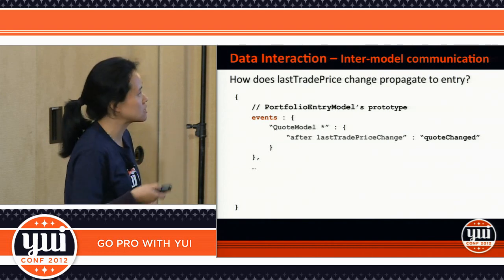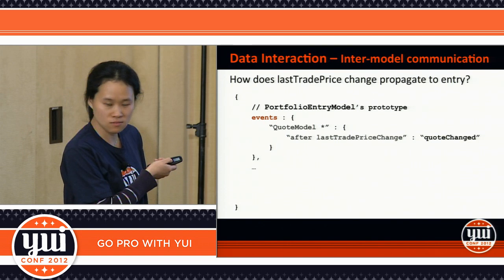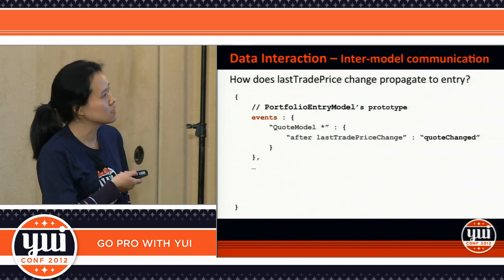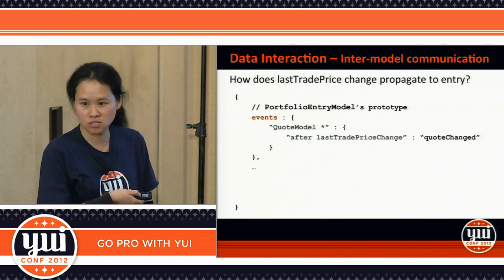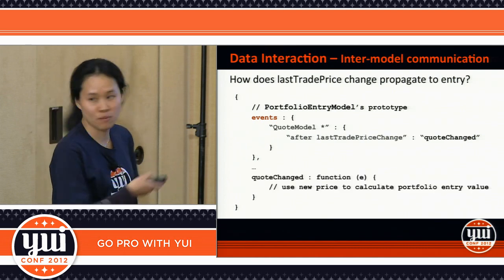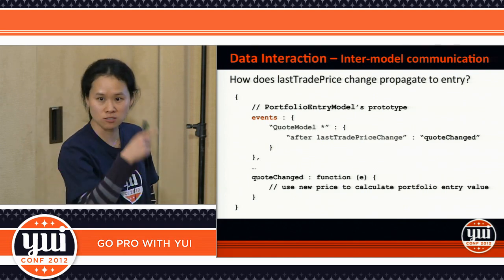But the spirit is that here I can say I'm interested in quote model events, and specifically after last trade price change, let me know. Then I want to invoke this quote changed function inside my model. So by doing this, it made the first arrow possible.